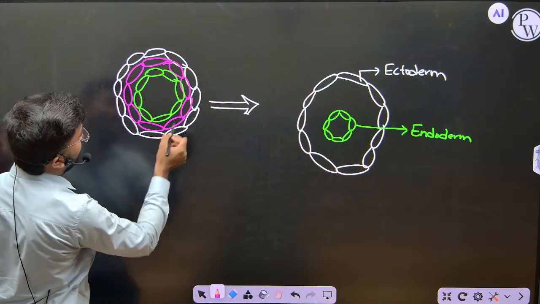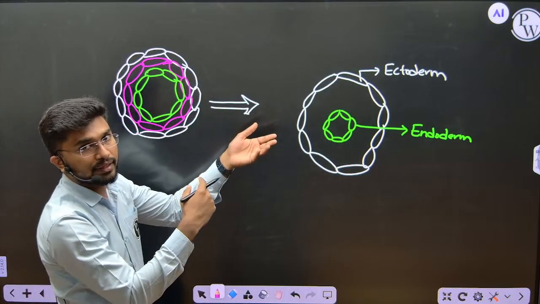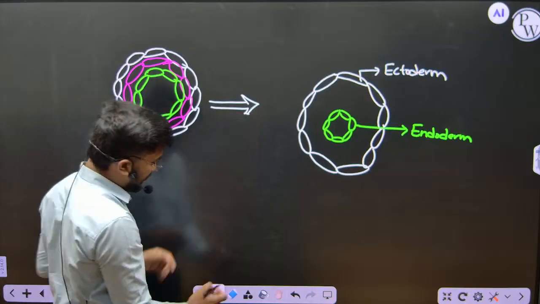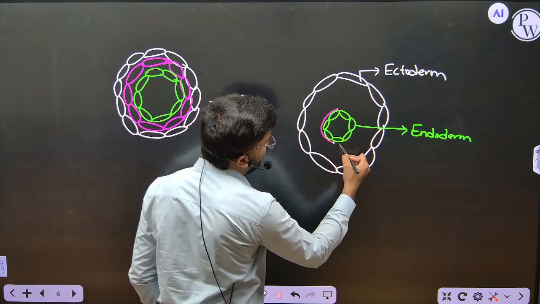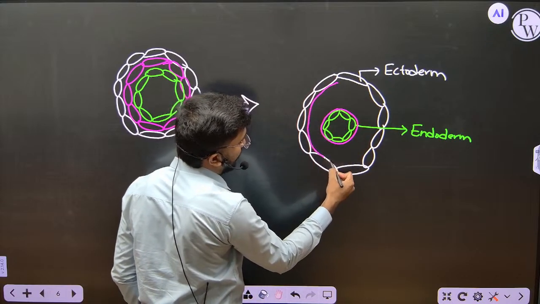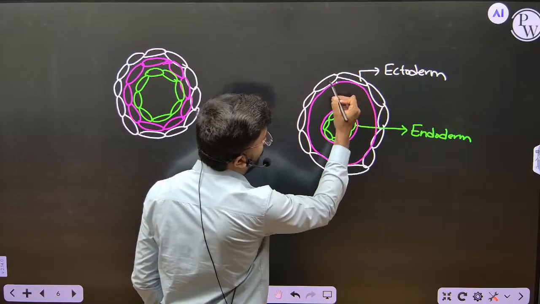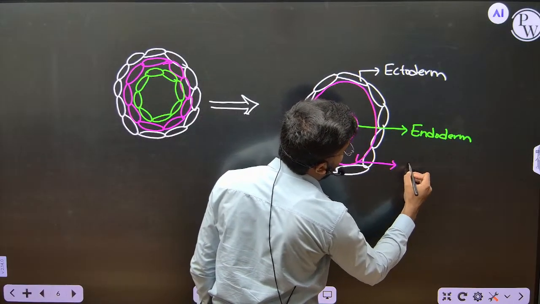This mesoderm layer will undergo splitting in the further development. As it undergoes splitting, some of the mesoderm layer will attach here, and some will attach here. As a result, what is formed? Very good. Coelom is formed.